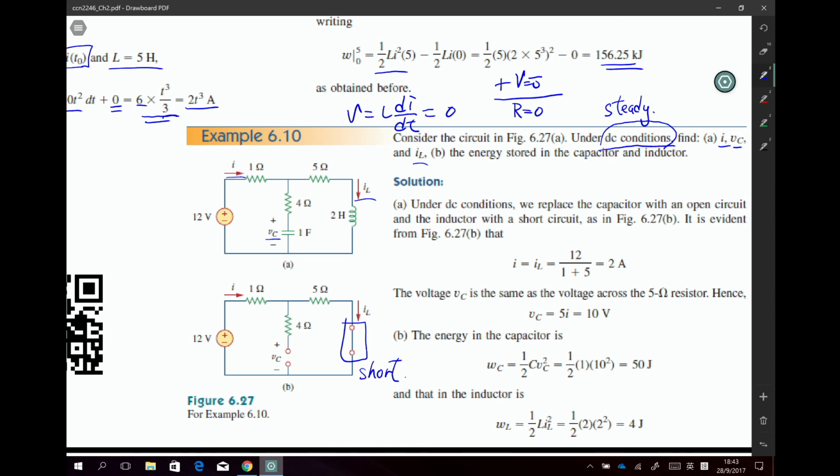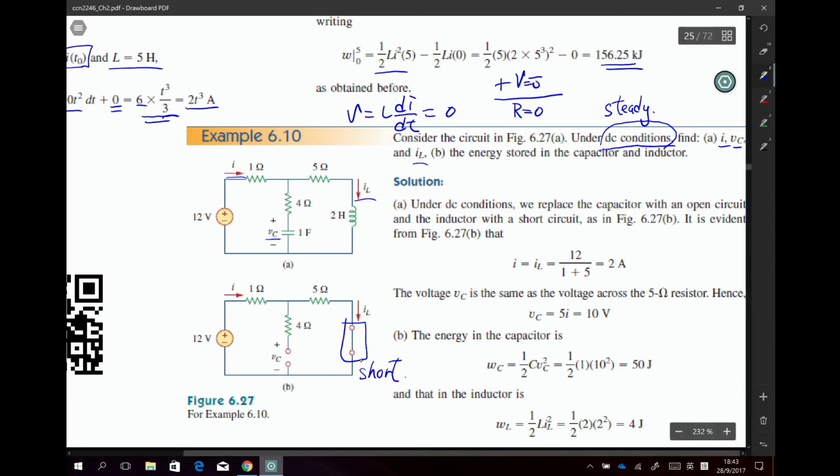Therefore, every time when we talk about a DC condition, your inductor will be replaced by a short circuit. Okay? Now in this circuit, again, this part, the capacitor, is an open circuit. Do you have any current passing through the 4 ohm resistor? No, it is equal to 0.